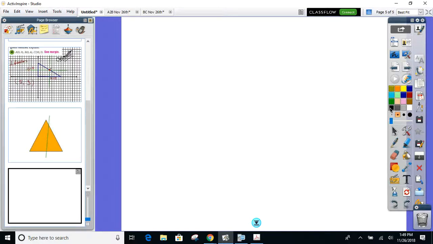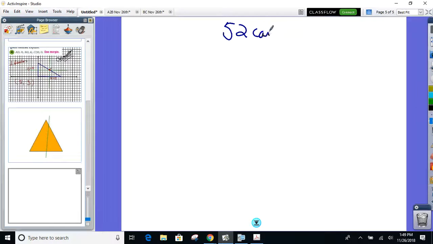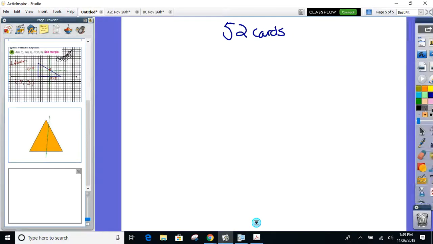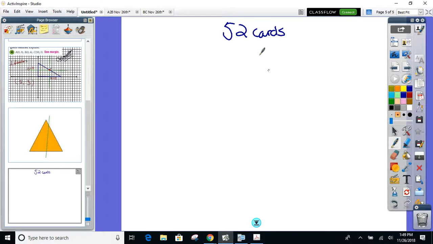All right. How many cards total do I have? 50. No jokers. 52 cards. Okay, 52 cards. And feel free always to ask. All right. Broken up into 2 colors.